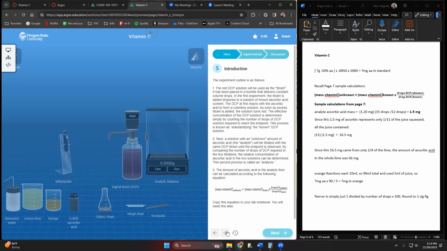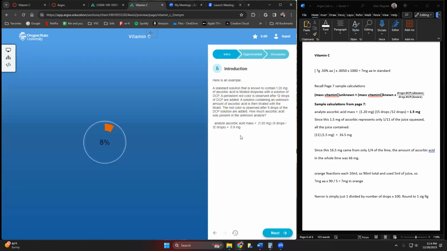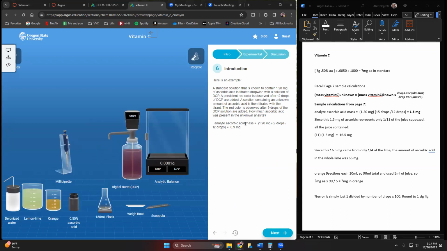And that can give us our calculation very easily. So, right, here's our ascorbic acid mass: it is equal to the mass in milligrams of the ascorbic acid multiplied by 9 drops of the unknown over 12 drops of the known, and that gives us 9 milligrams.